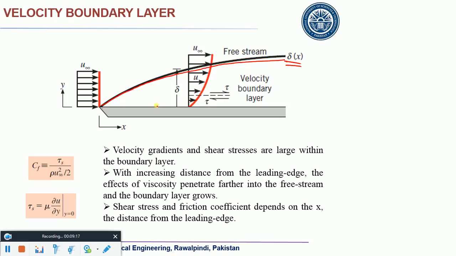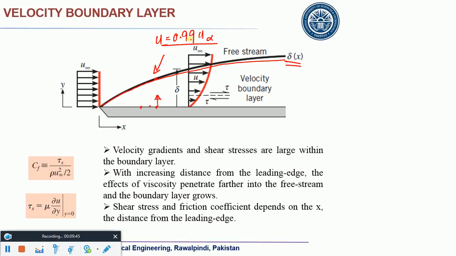Just to give you a recap, on this surface fluid molecules will have zero velocity. As you go up, that fluid velocity starts increasing. And at this point fluid velocity becomes equal to 0.99 of u infinity. You remember we took that definition in that course.